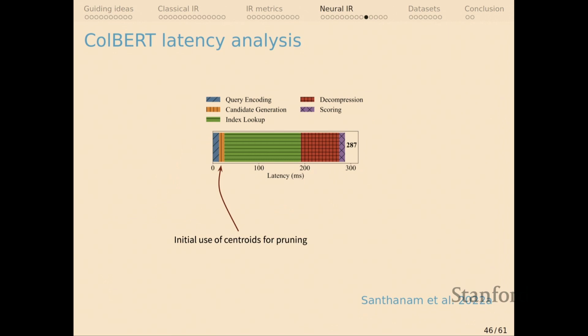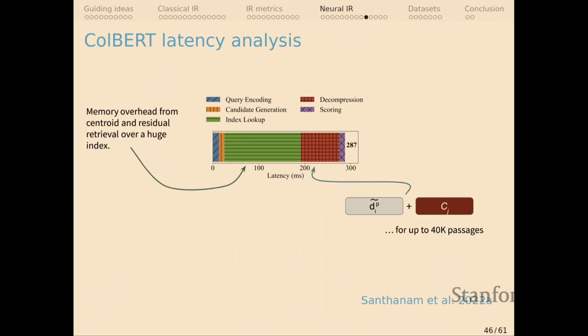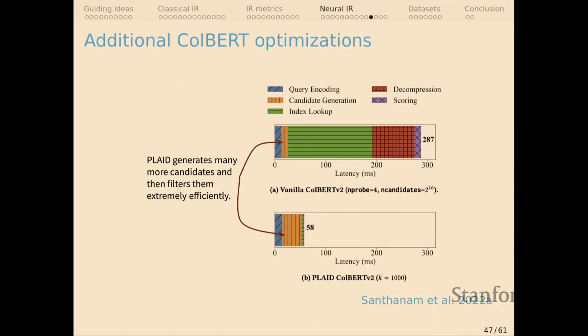The big costs were in dealing with the huge index and also doing work to quantize the vectors so that they were easier to store on disk by making them smaller. And so after a bunch of work with this framework called SPLADE, they were able to get rid of almost all of that index lookup and dequantization or decompression steps for the vectors that were costing so much. And they brought the latency down to like 58 milliseconds.